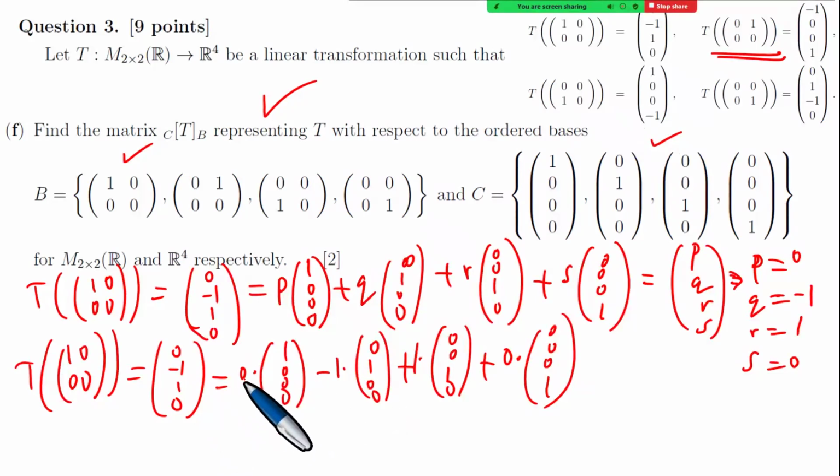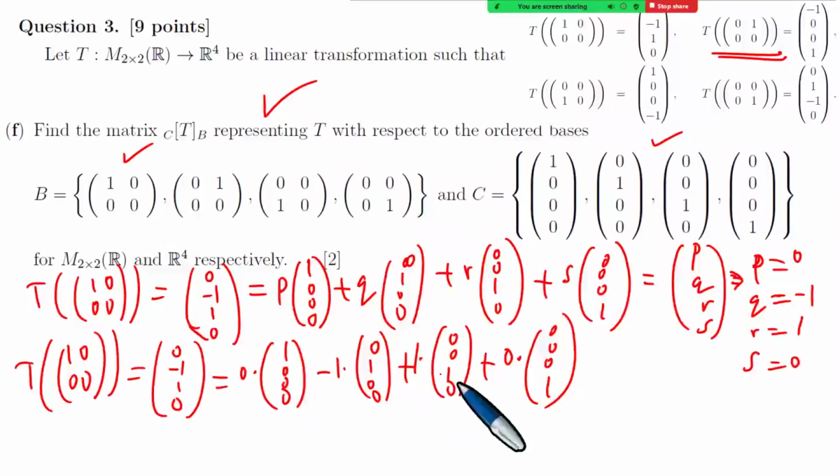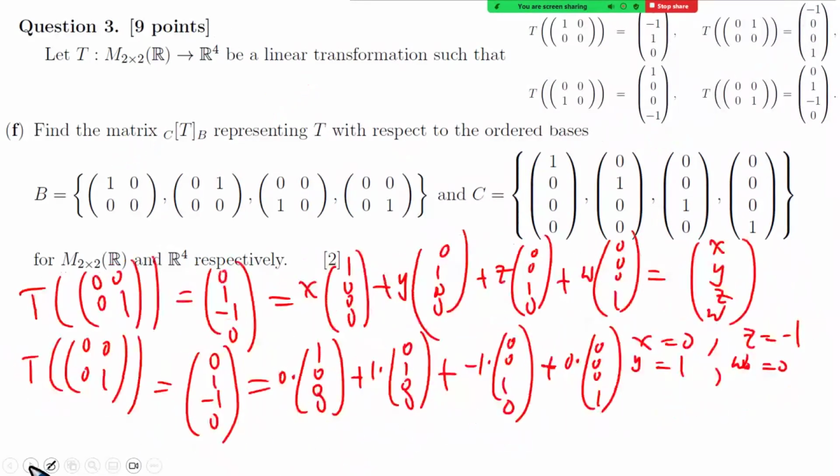The column is going to have this, that, and that, which is 0 -1 1 0. So you take the coefficients 0 -1 1 0, and you put them here.